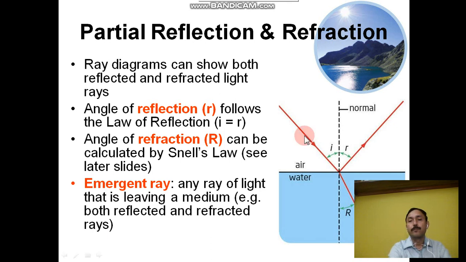So this is the diagrammatic representation of partial reflection and partial refraction. Some part of the light will be reflected and some part will be refracted. This ray follows the laws of reflection and this ray follows the laws of refraction.